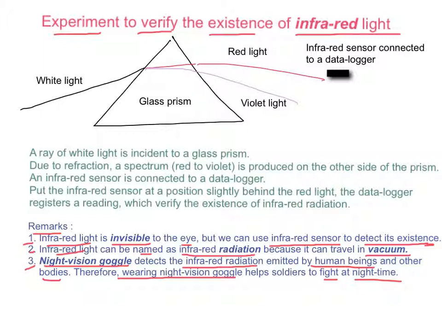We have a beam of white light incident on the glass prism. Due to refraction, a spectrum, from red to violet, is produced on the other side of the prism.